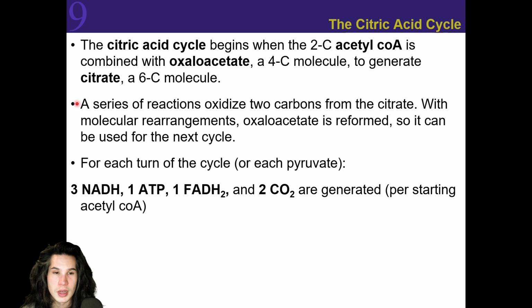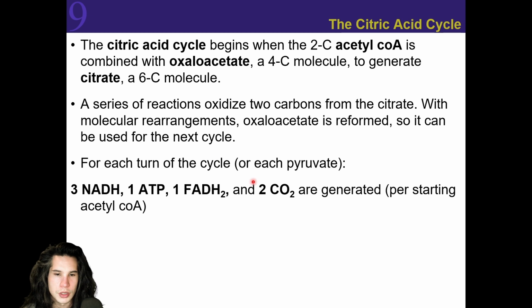So, to summarize the citric acid cycle, that 6-carbon citrate undergoes a series of reactions that involve molecular rearrangements, the stripping of more CO2, or oxidizing of it. And then eventually you form the end product, which is oxaloacetate, which then has the potential to bind to an acetyl-CoA and start that process over. So it's a cycle.